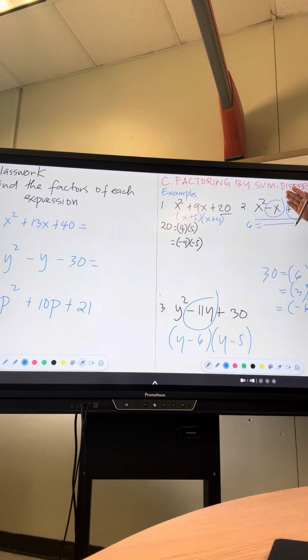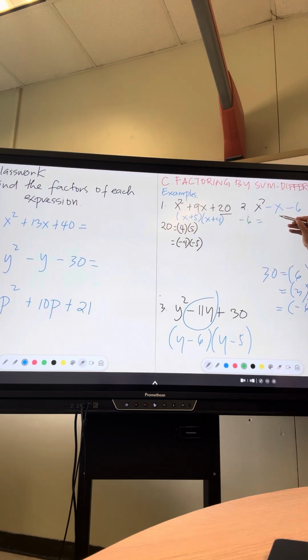This kind of technique in factoring uses trial and error. You are going to list all the possible factors that suit the given expression. Okay? So another, if I change number 2, let's say I make it x squared minus x minus 6. What are the possible factors of this? Let's list all the possible factors of negative 6.